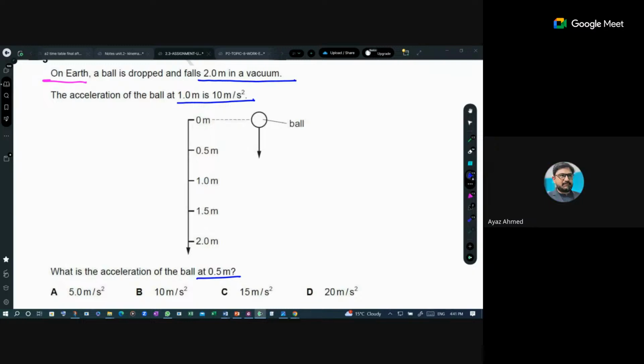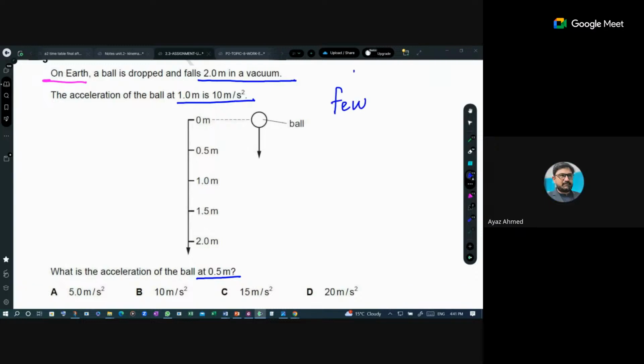When I was talking about the free fall topic, in the first few seconds the ball has constant acceleration, wherever you drop it.